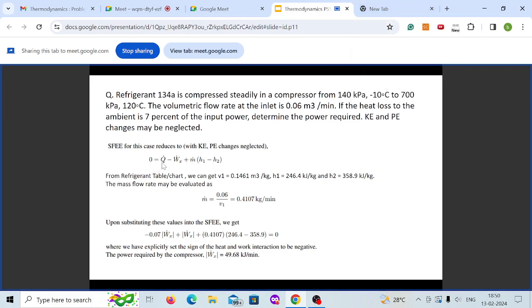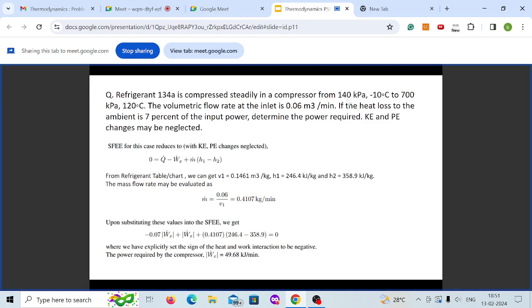So here in the problem they have given that the volumetric flow rate is 0.06 meter cube per minute. So we can find out the mass flow rate. At suction, your pressure is 140 kilopascal and your temperature is -10 degrees Celsius.